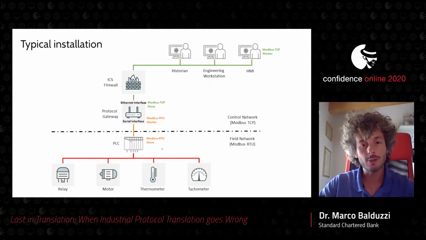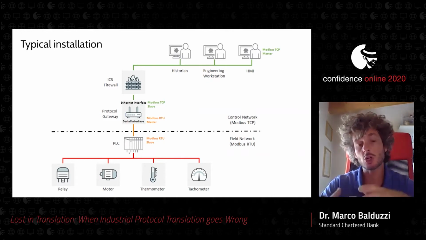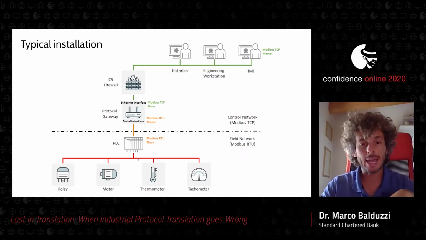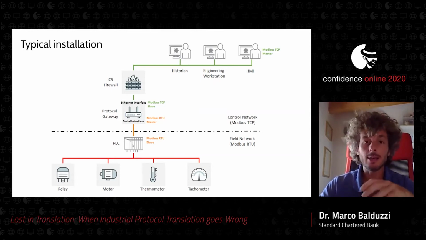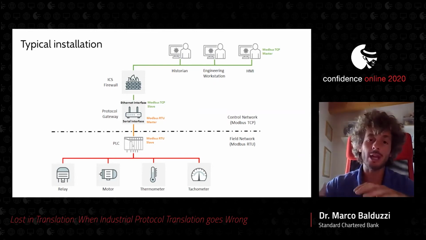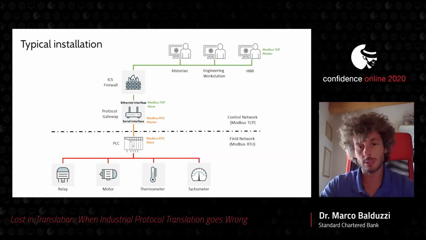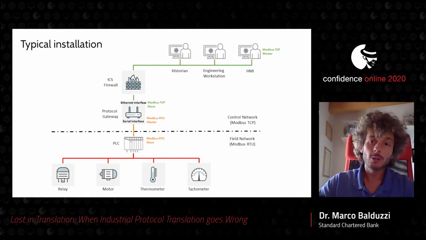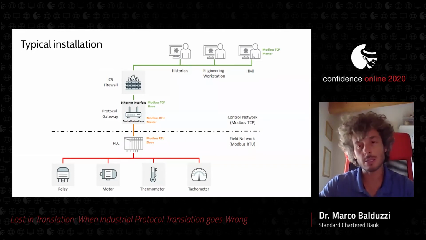As you can see here, there is a PLC, which controls a relay, a motor, a thermometer, and other sensors. Since this PLC is running Modbus RTU on serial, it needs to be connected to the control network via a gateway that does the translation from Modbus TCP to Modbus RTU. In this case, you have up here in the right corner a Modbus TCP master node.